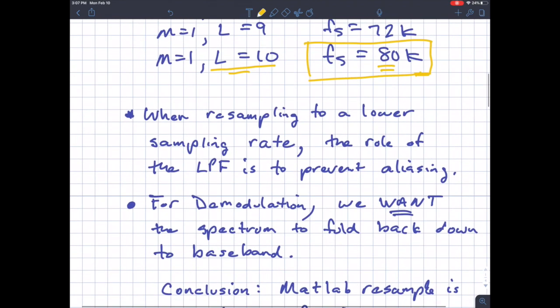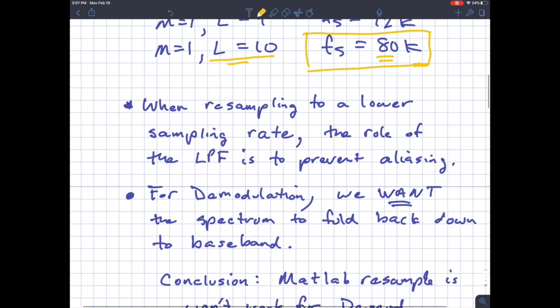Okay, so in the video that we talked about, the video on sampling, the Matlab resample function, when we resample using Matlab to a lower sampling rate, so let's say I change from 20K to 10K, that's lower.